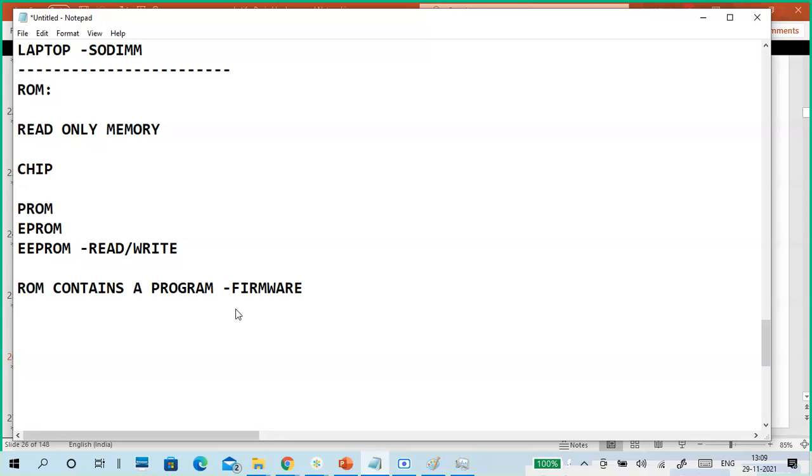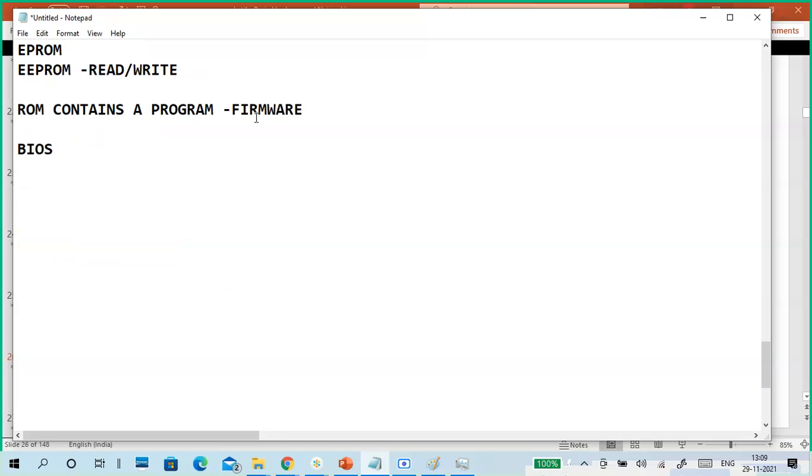The old style firmware, which we are still using, is nothing but the BIOS. This firmware is either BIOS or UEFI, Unified Extensible Firmware Interface. This is the latest one with 64-bit support, and BIOS is the old one, which we still use.